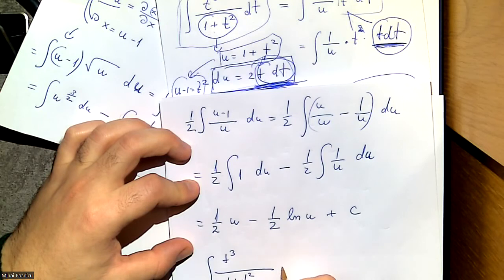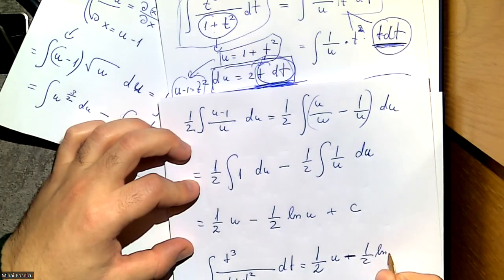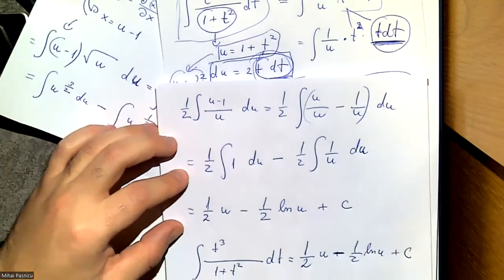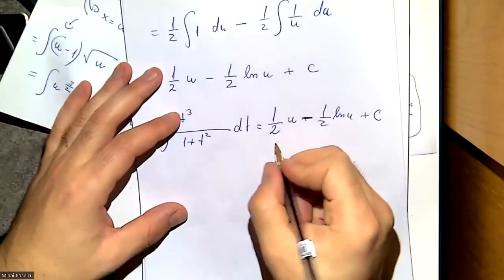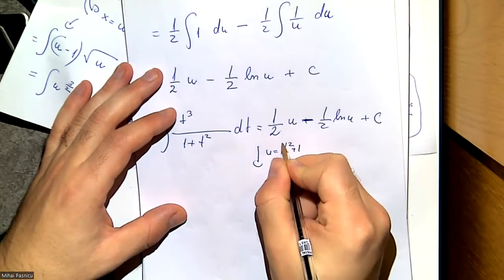So I get, it helps to rewrite the answer. I never had that habit, unfortunately. So I get 1/2 u minus a half log of u plus a constant. Again, I remember now u was equal to t squared plus 1.